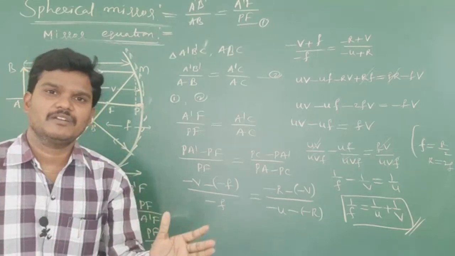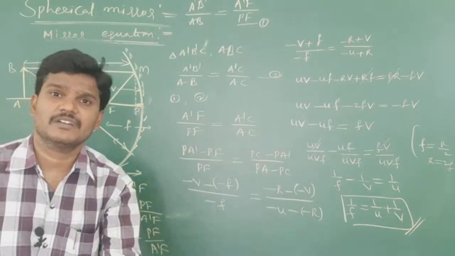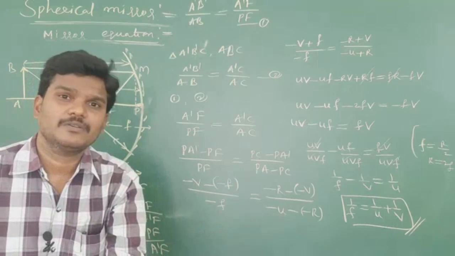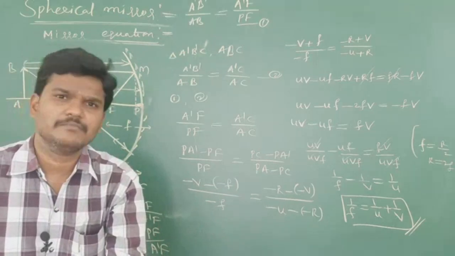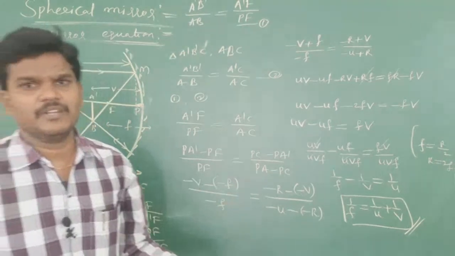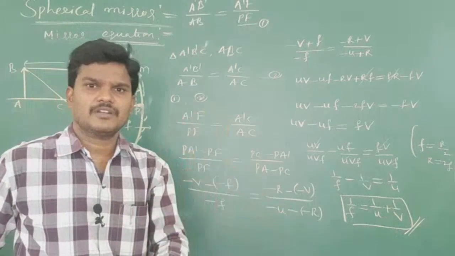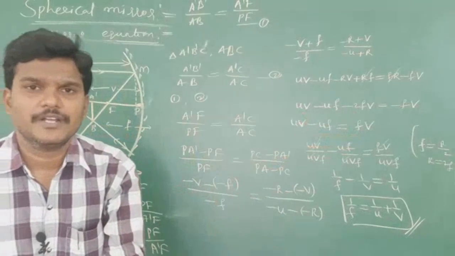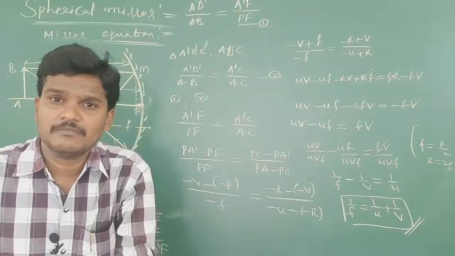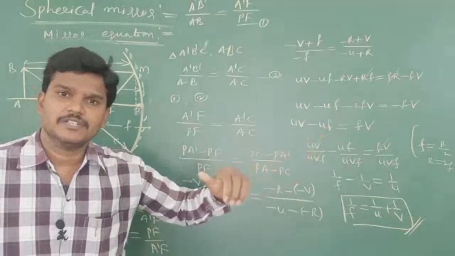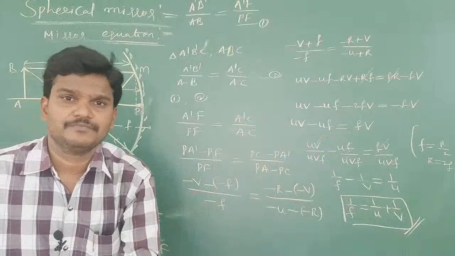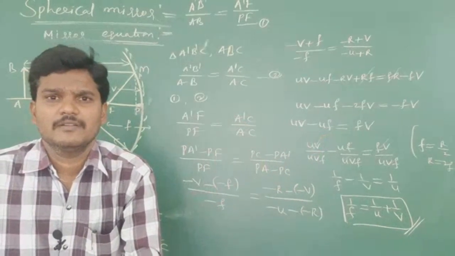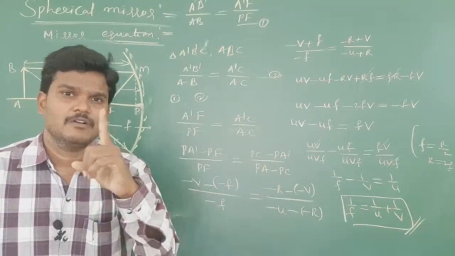In a plane mirror, height of object and height of image are the same. If you stand in front of a plane mirror, whatever height you have, the same height you see in the mirror. The distances are also the same. That's why magnification for a plane mirror is 1.